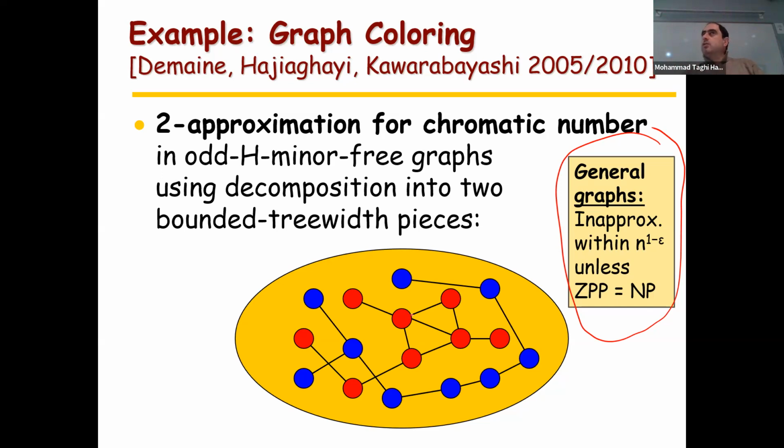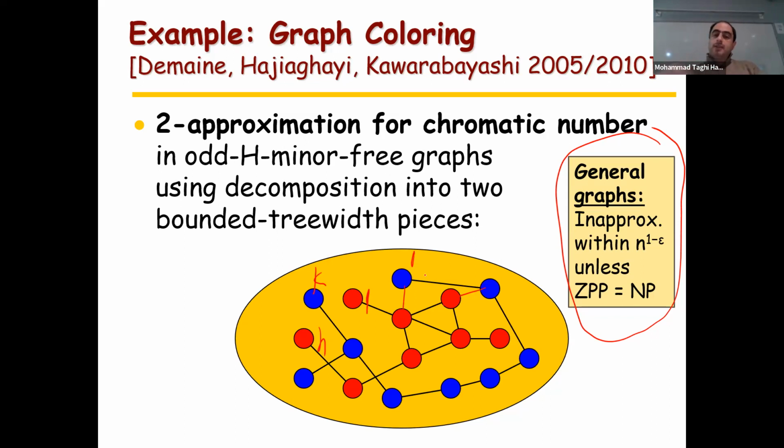Then, how can you get a two approximation? That would be easy. Say here you are using the colors 1 to K for the blue one, and here you are using the colors 1 to H. But the issue is that there are some edges in between.